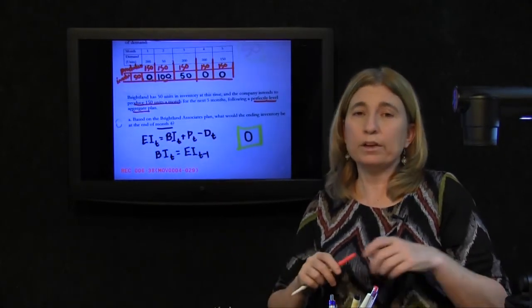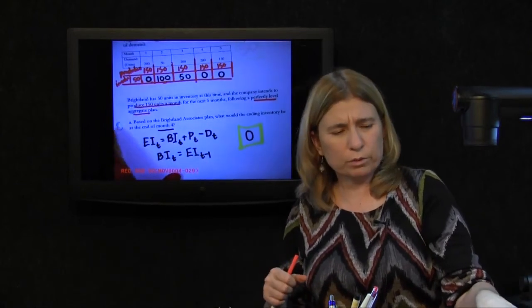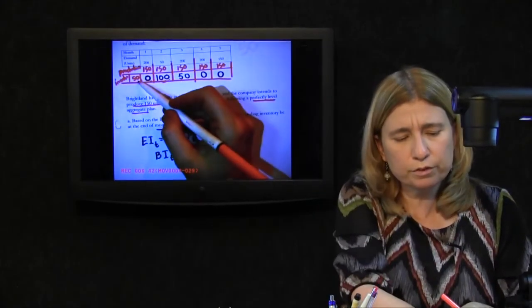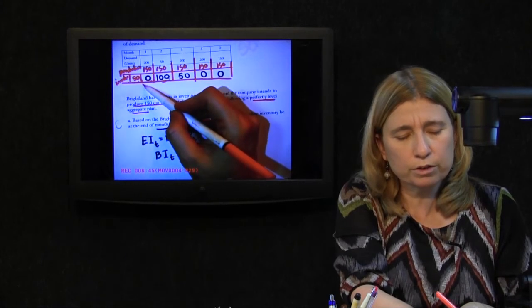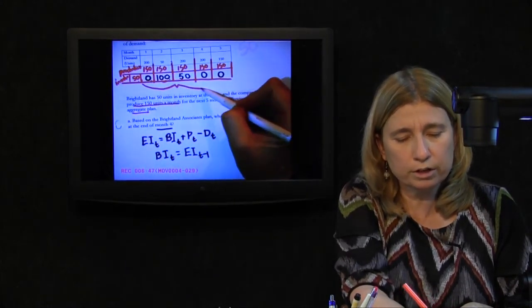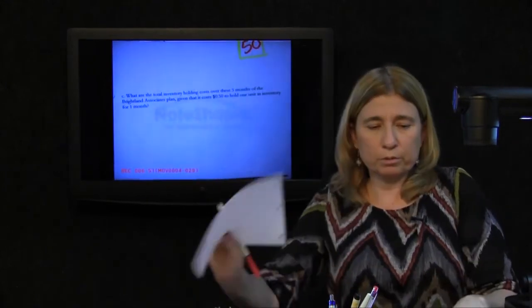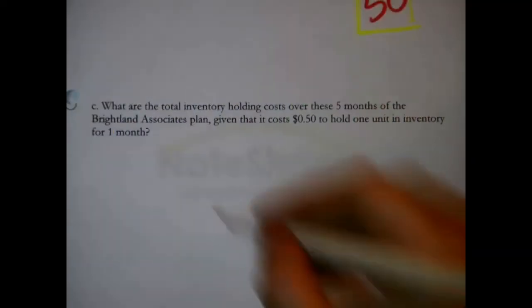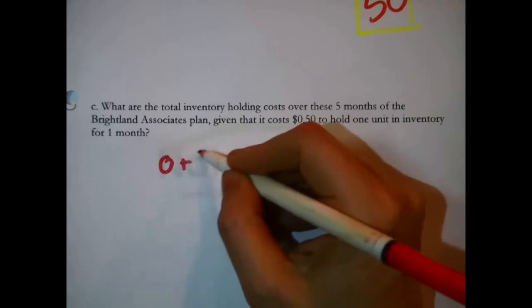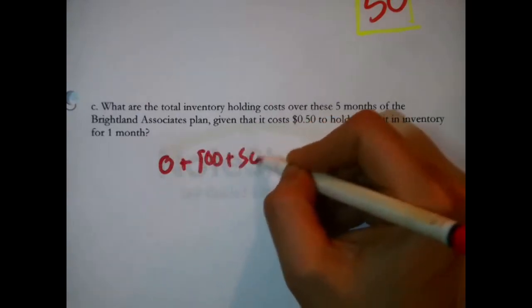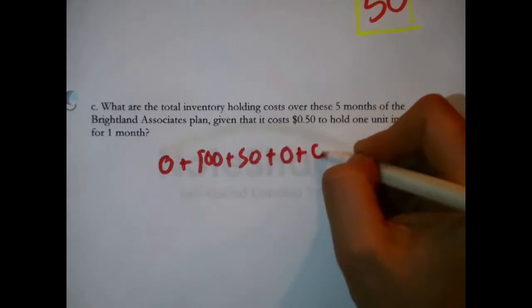Okay, so based on ending inventory levels, now notice this 50 here, that's what we started with. It's asking about this time period here. Those are the numbers that we want. All right, so we would just say 0 plus 100 plus 50 plus, you don't even really have to include the zeros.